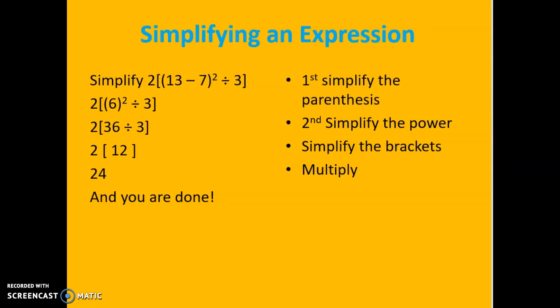So notice inside we do the 13 minus the 7, which gives us a 6. Then we square the 6, which gives us 36, and then we divide it by 3, which gives us 12. So remember, you have to do what's in the innermost parentheses first. But then, once we get the 6 squared, you've got to take care of that squared, which is 36, and then you do the 36 divided by 3. You may want to practice that one on your own.